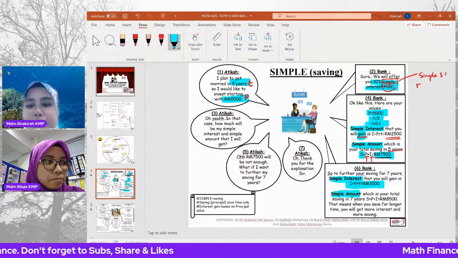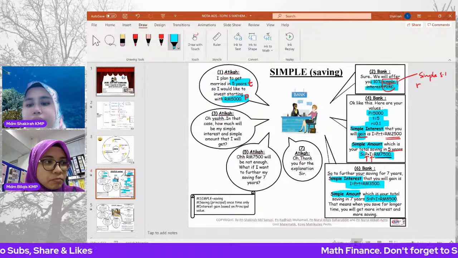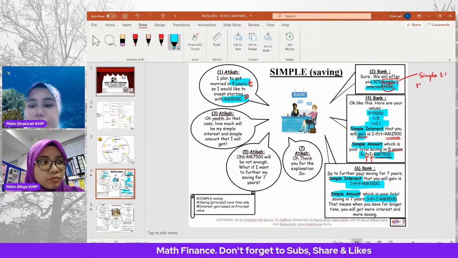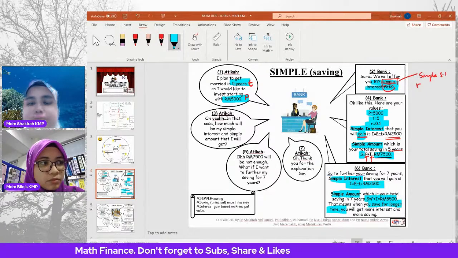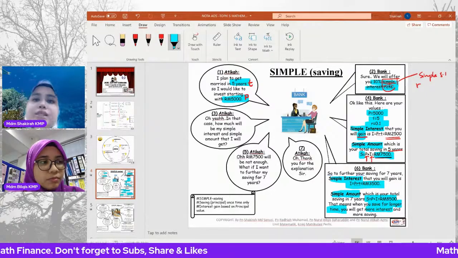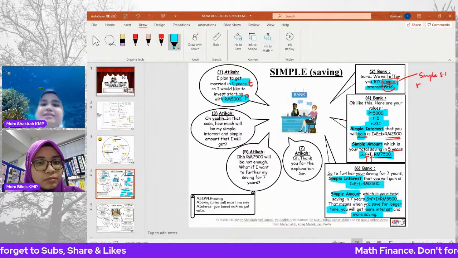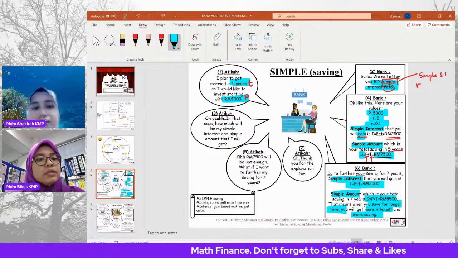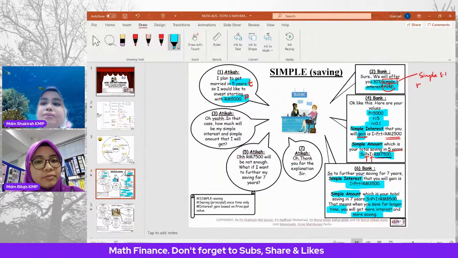And your simple amount, your S for after 7 is 8,500. That means when you save for longer time, you will get more interest and more saving. Okay. Kenapa dia under simple? Sebab kita ada jumpa perkataan simple tadi. Okay. Dan yang lain calculation seperti formula.